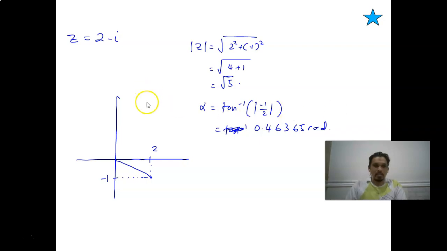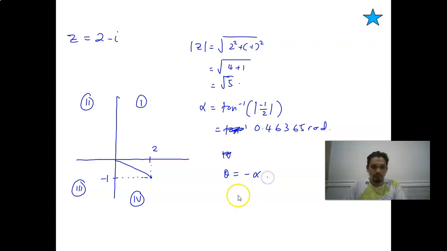Okay, so this is the first quadrant, second quadrant, third quadrant, and fourth quadrant. So in the fourth quadrant here, theta equal to negative alpha, so then it is negative 0.46365 radian. Okay.